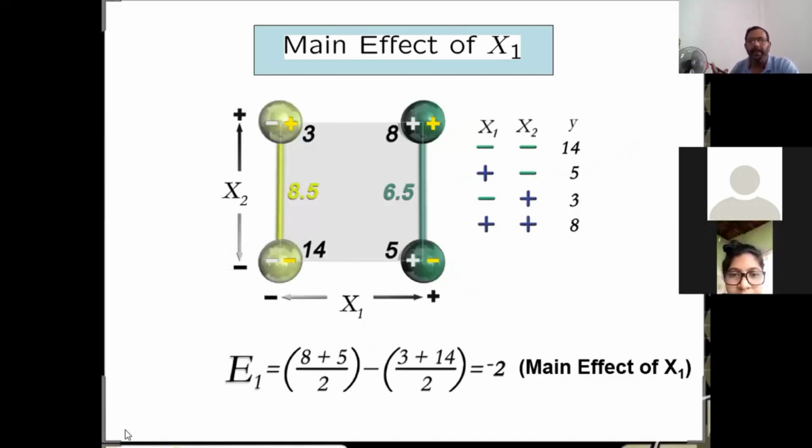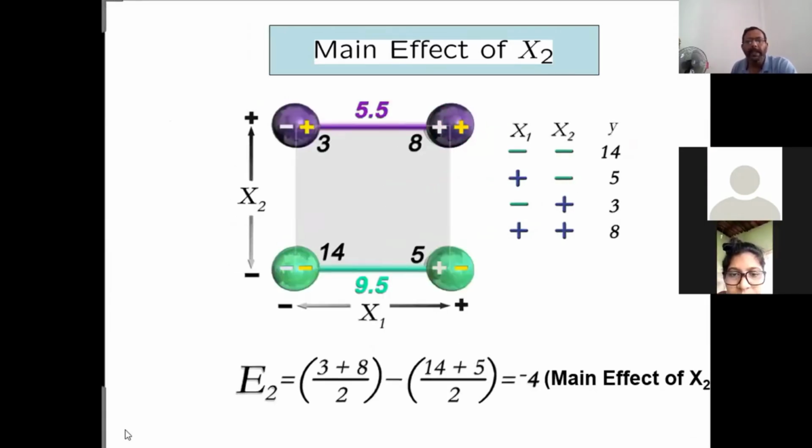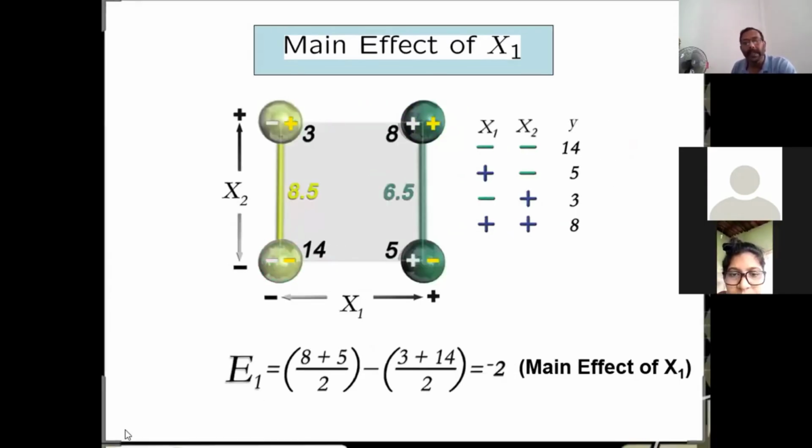Then we calculate the main effect of second variable. So this is the main effect of first variable. Any questions on that? So we will come up with the effect of the first variable, which is called as main effect. So main effect of x1.